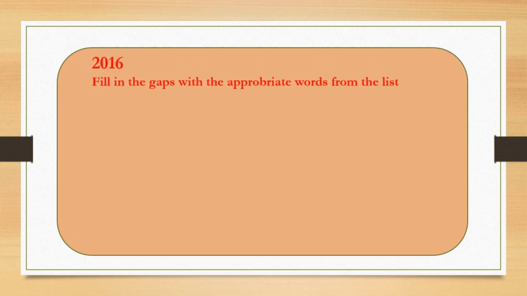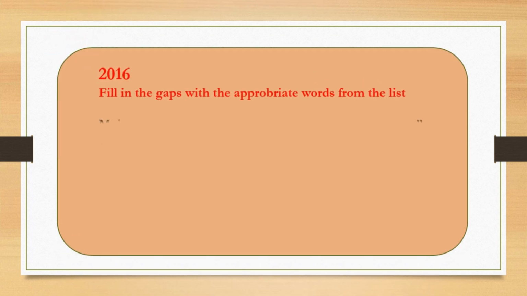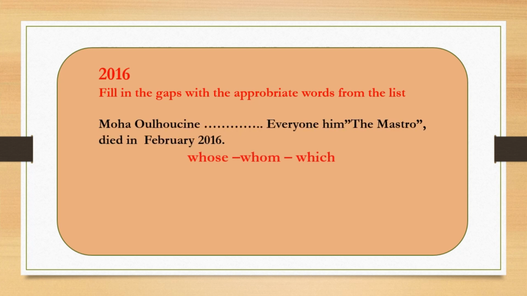This is National Exam 2016. محا الحسين everyone calls him the maestro died in February 2016. We have multiple choices whose, whom, which. محا الحسين is personal noun and we have everyone which is pronoun, so we have to use whom. Now we have محا الحسين died in February 2016.